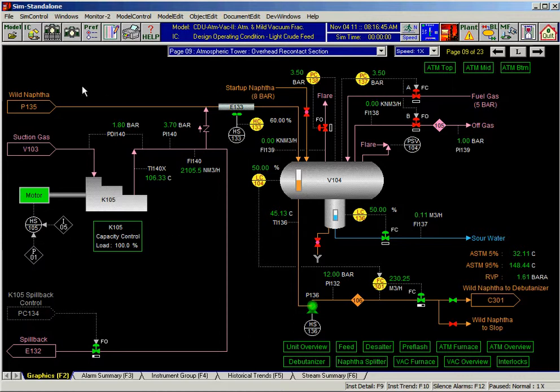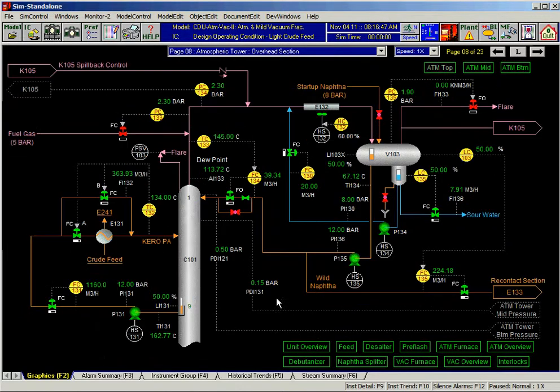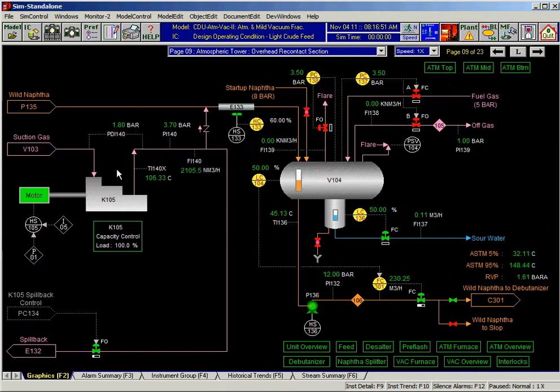and recontact section for the overhead, which is the liquid and the gas. They are recontacted here after compression.